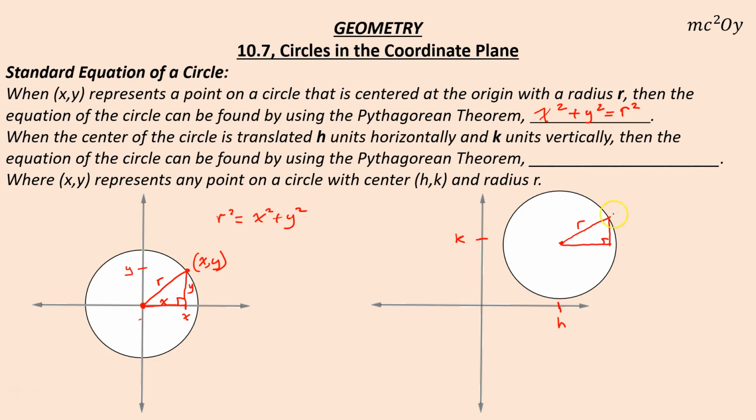Notice this is still a point on the circle, which we call (x, y). But these lengths are no longer x and y. This length right here is the length of y without the k, so y minus k.